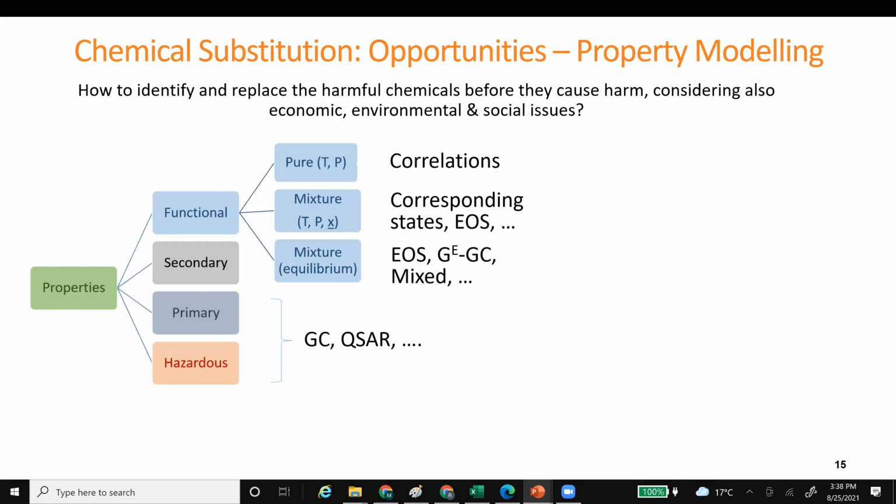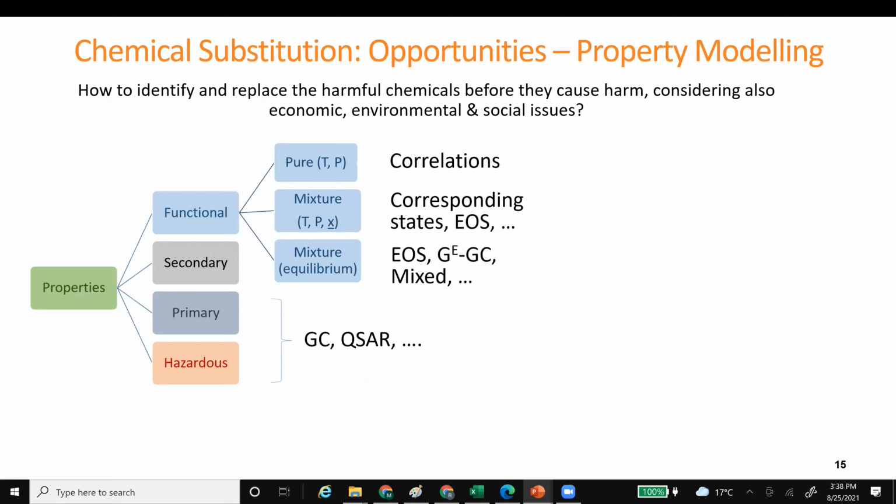And then we need models. As I mentioned, for pure temperature-dependent properties, we need correlations. To get the correlations, we need some data which we can fit. That data can be measured or generated by a model.